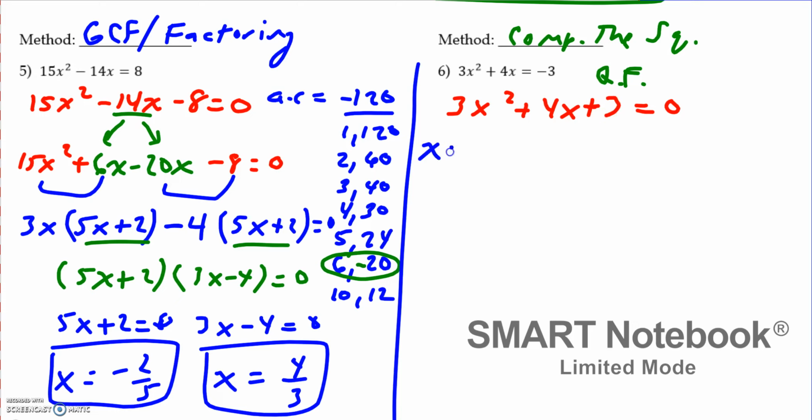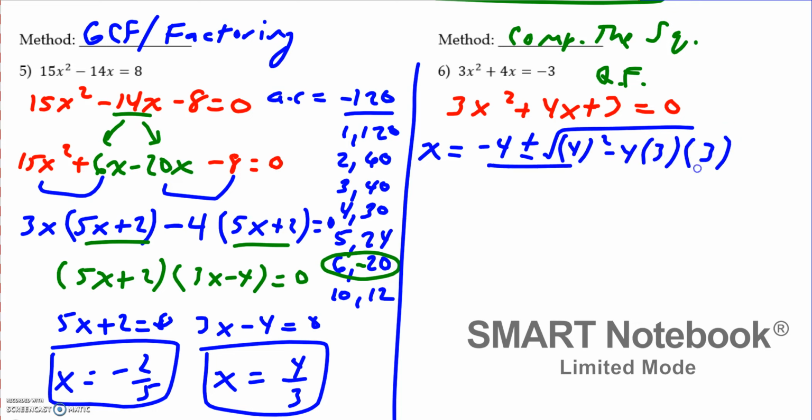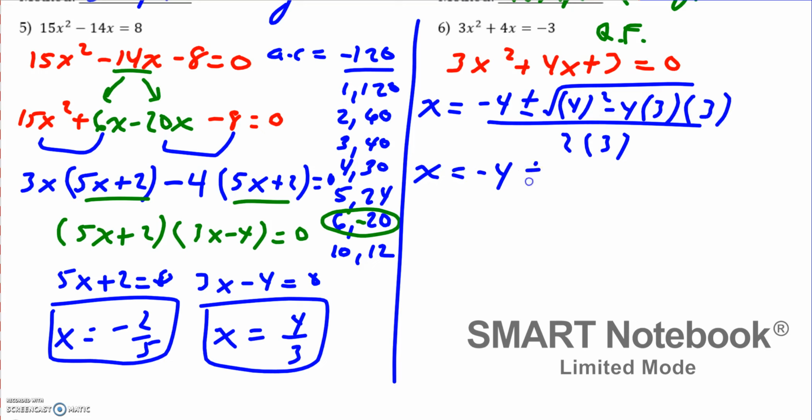So now if I use the quadratic formula, x equals negative b plus or minus the square root of b squared minus 4 times a times c all over 2 times a. So if I follow the order of operations here, underneath the radical, I'd have to square first, so I get 16.